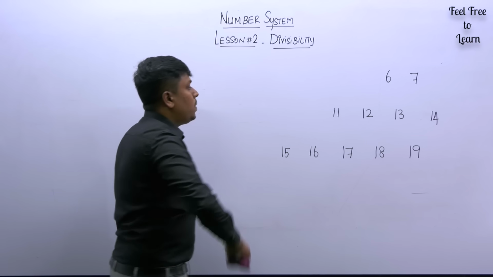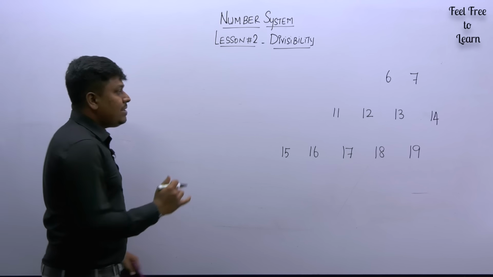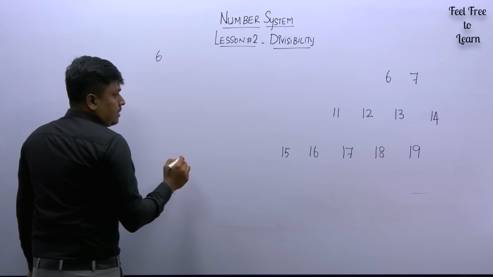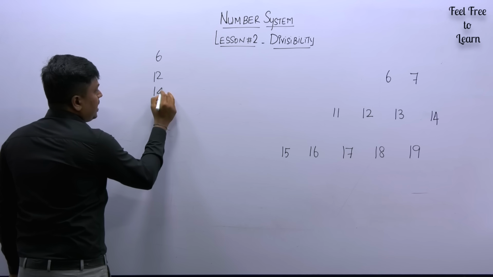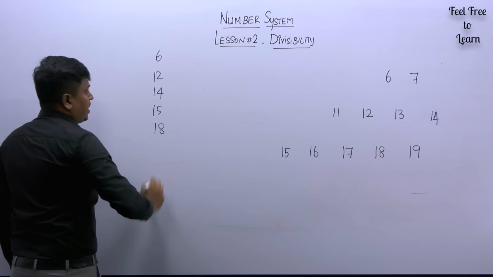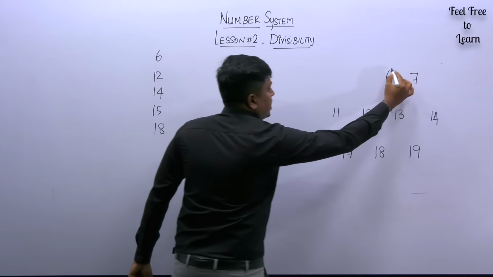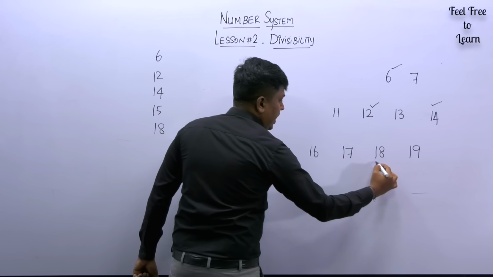Okay. So now let me target another set of numbers that will be very simple. Just see here, when you take the number 6, right? Multiples of 6 are 12, 14, 15, 18. So let me take all these numbers: 12, 14, 15 and 18.